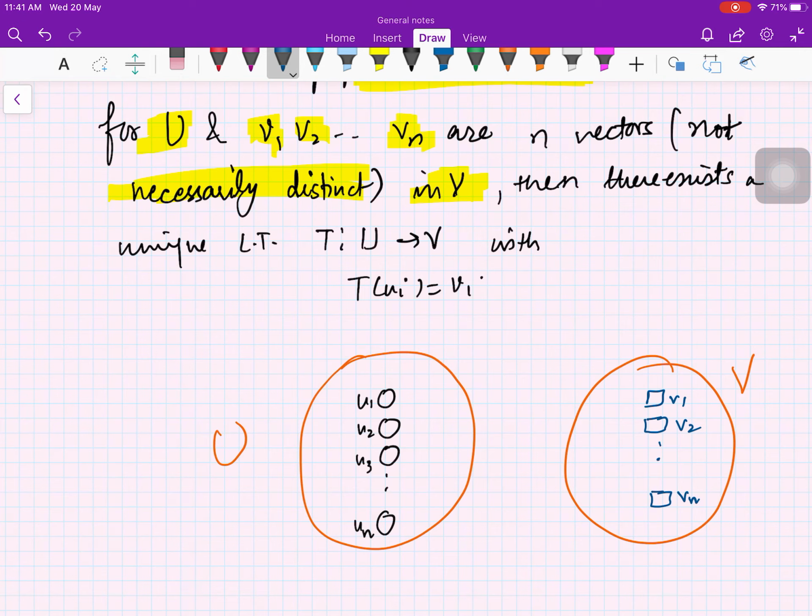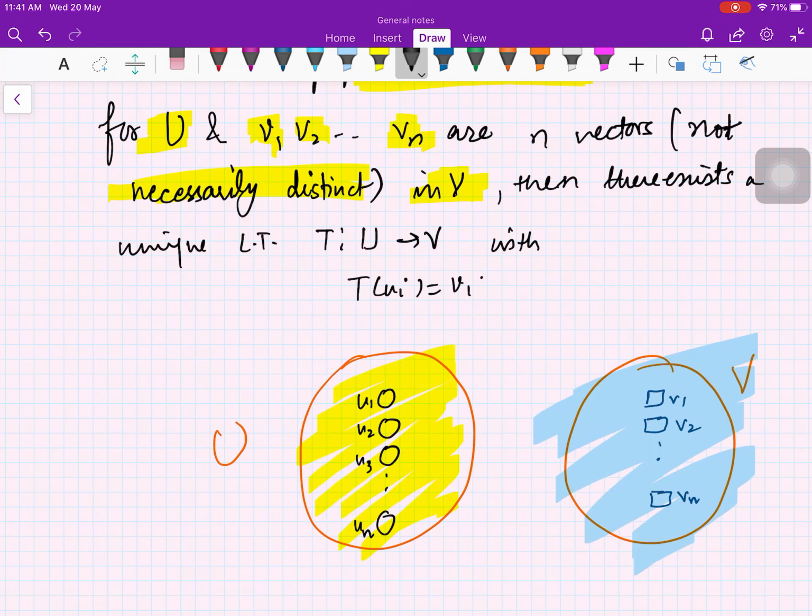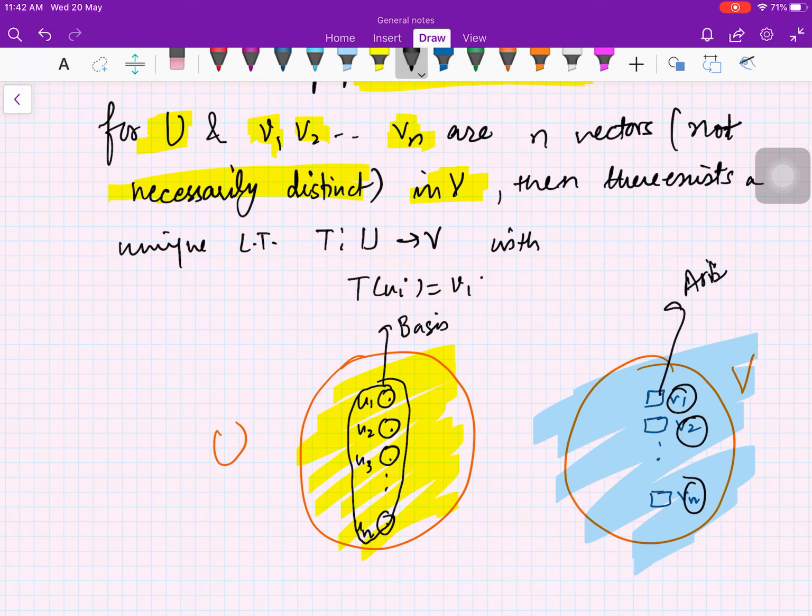So you see here what is happening. You have a vector space U here, and here you have a vector space V, right? Here you have elements u1, u2, u3, ..., un. These are the elements of a basis, which means that they are linearly independent and they span the whole space U. And here are these vectors. They are arbitrary vectors in V, they can be same or different.